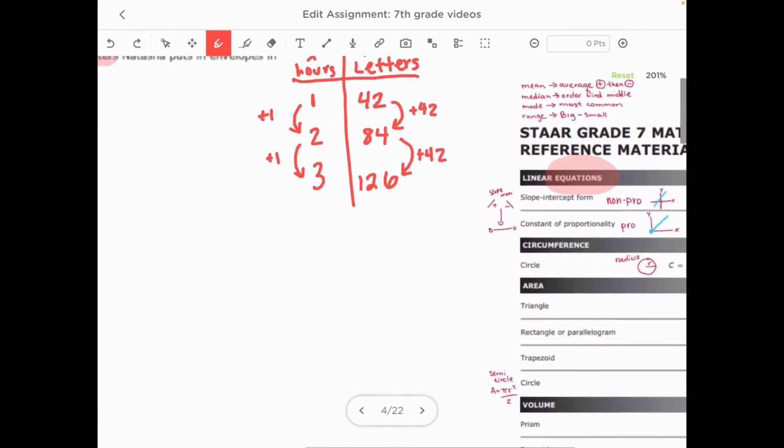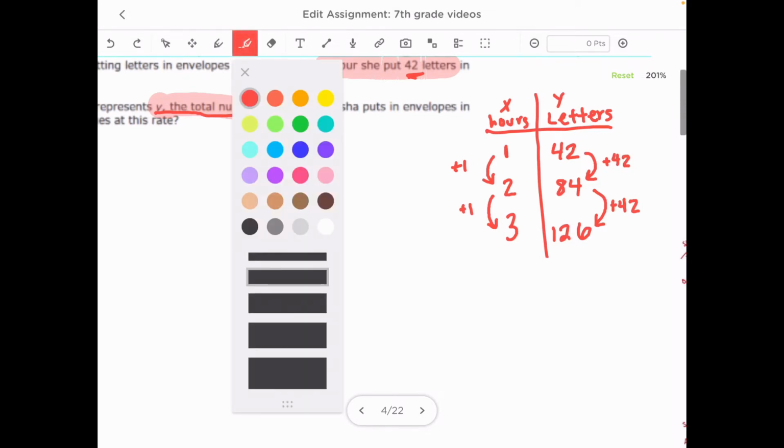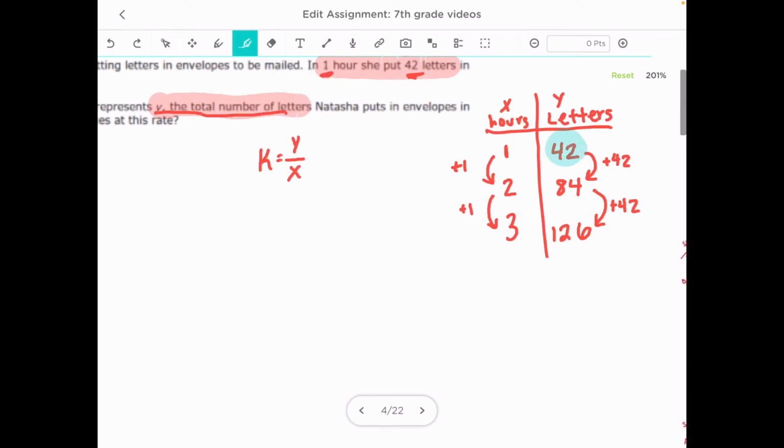So let's do that. Let's first find k. K equals y over x. So we're going to take one of our y values and put it over one of our x values. So like this, 42 over 1. That simplifies down to 42. Now remember, I said m or k, they can go in for one another, okay?